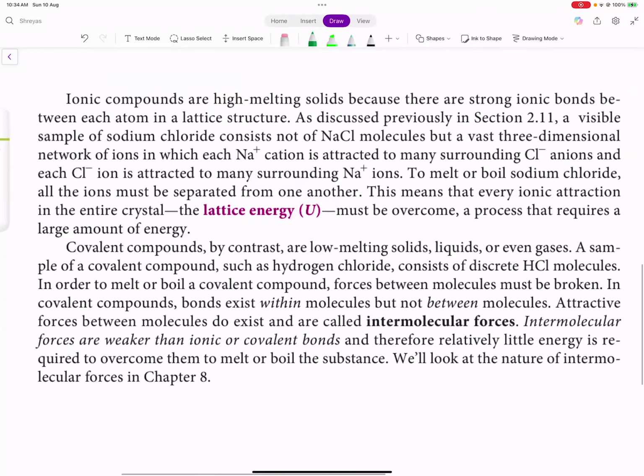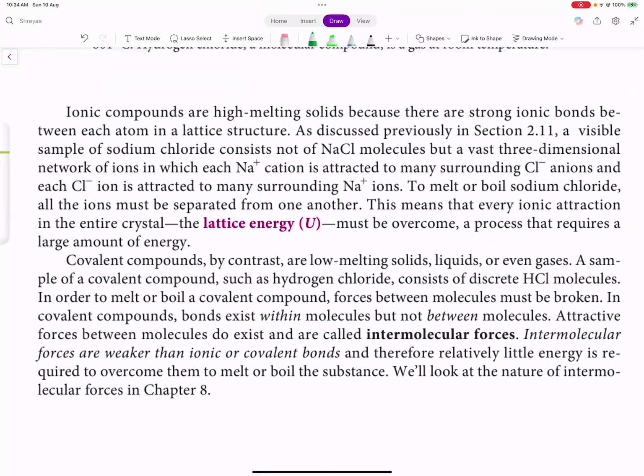Again, we talked about the lattice energy for the ionic crystals. Whenever we have Na+ Cl- in the Born-Haber cycle, don't worry, we'll revisit it again.